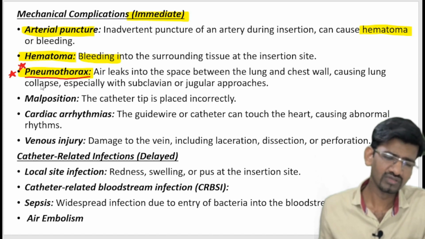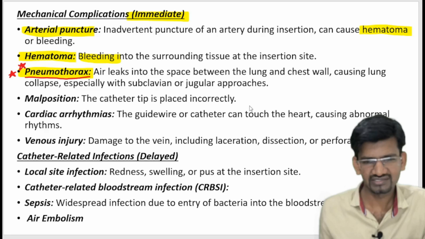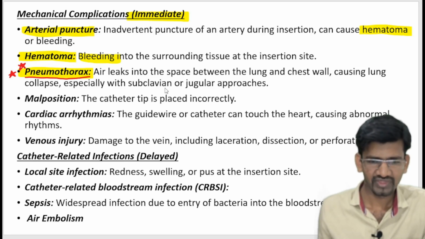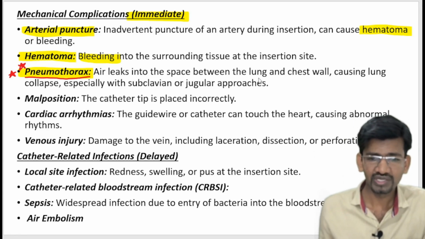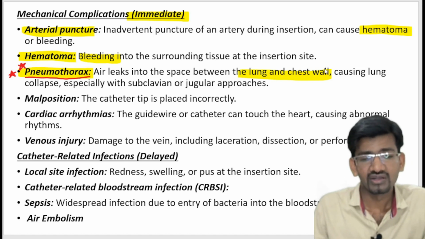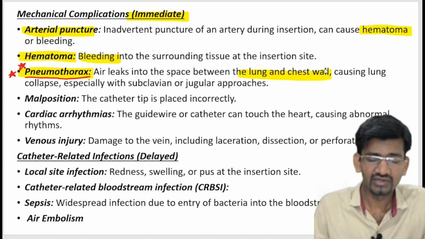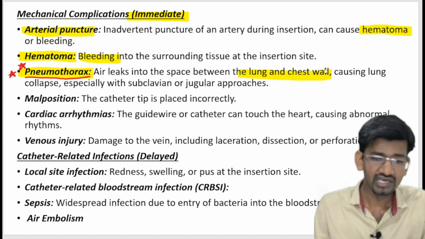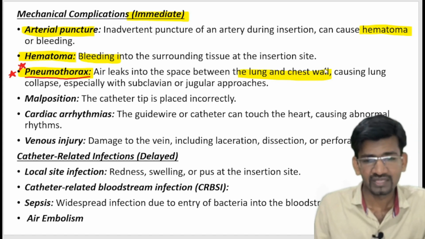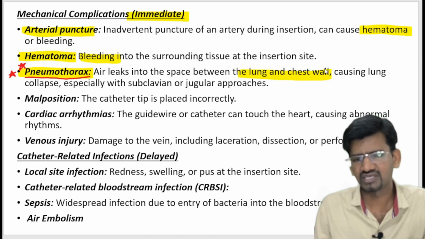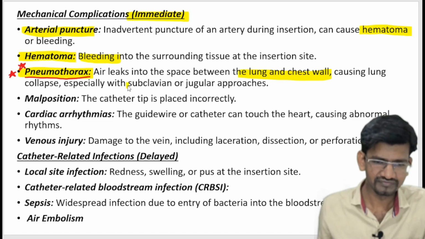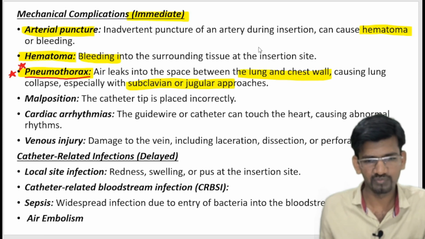While inserting the catheter into the subclavian vein, it may damage the lung and the chest wall, causing air to leak or enter into the pleural space, leading to pneumothorax. This is the most common complication related to central venous catheterization, especially with the subclavian or jugular approaches.